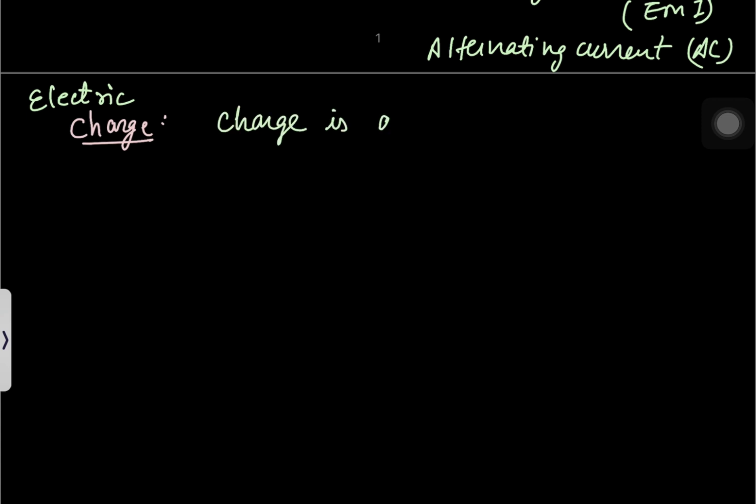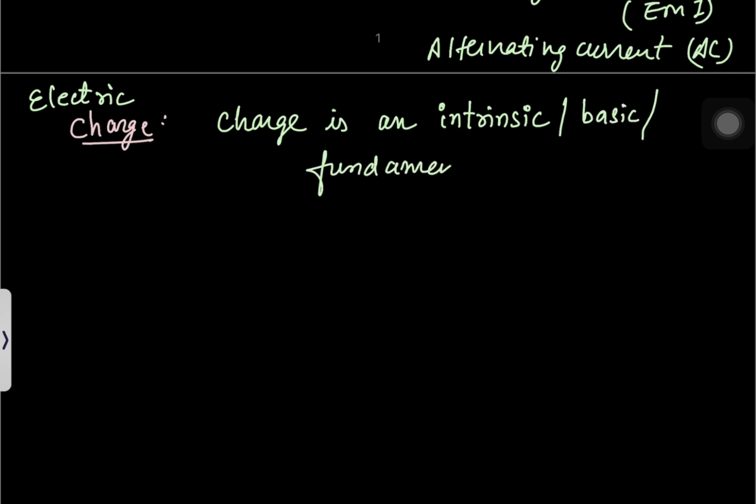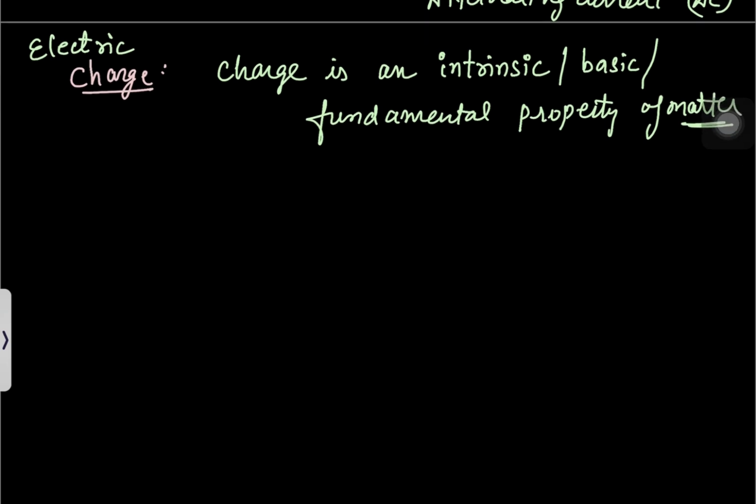Charge is an intrinsic, or you can say basic, or you can say fundamental property of matter. It is the basic property of any matter. And what exactly is matter? Anything that has mass and occupies space is referred to as matter. Okay? So charge is the basic property of matter.